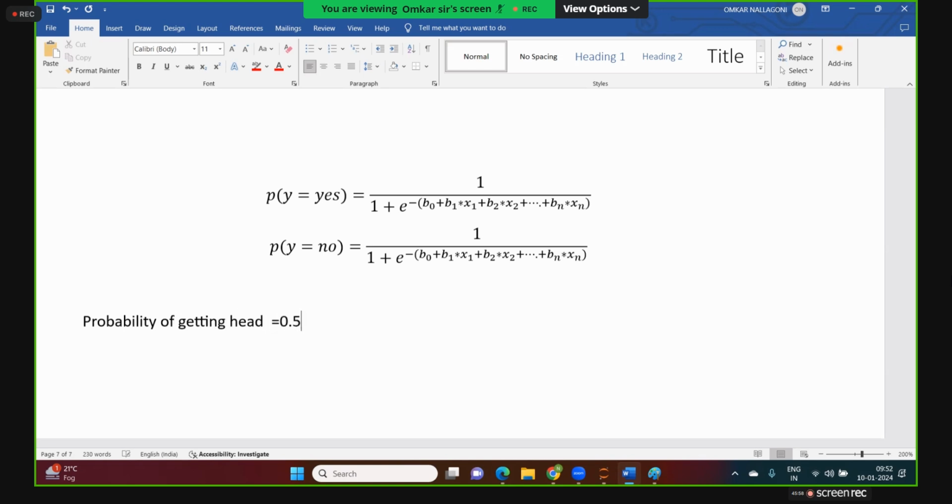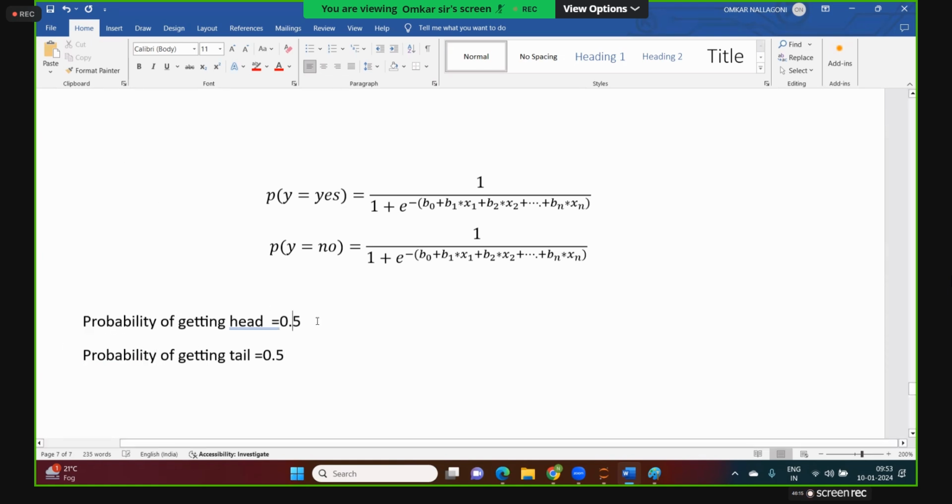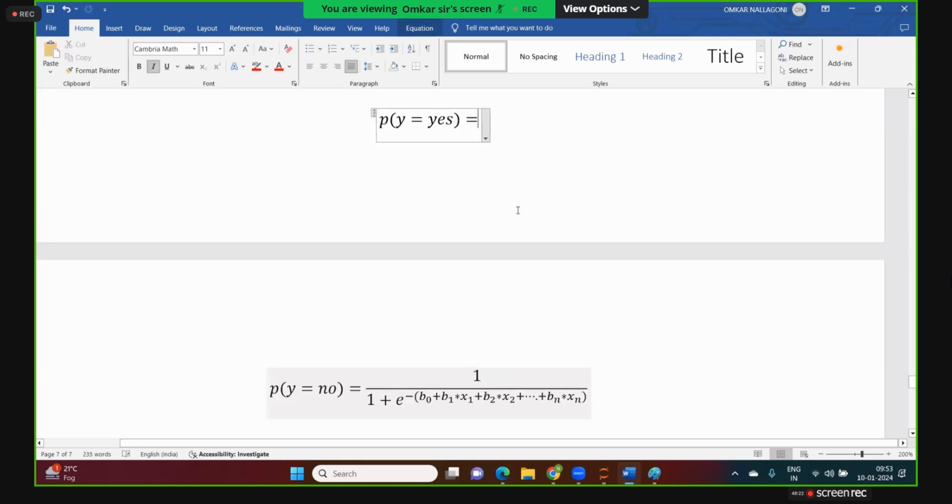In the same way, the probability of getting tail is 0.5. But where are we getting this probability from? If we do not define the probabilities, we get the probability from the RHS equation. How much is this value? That is the probability. Suppose this value is 0.7.